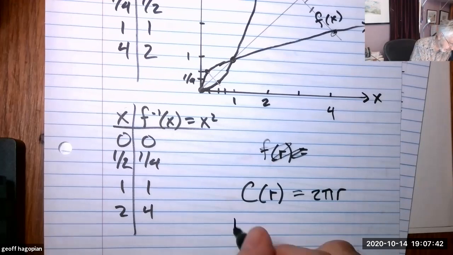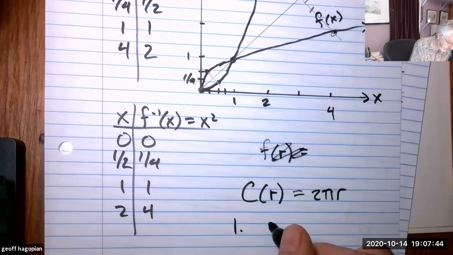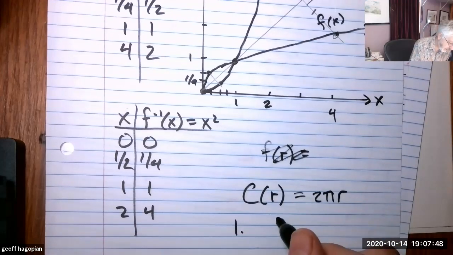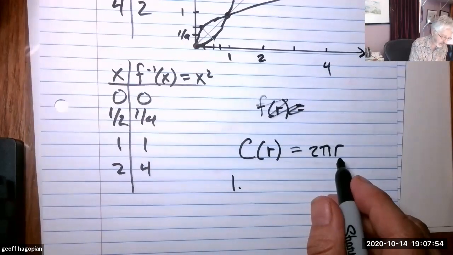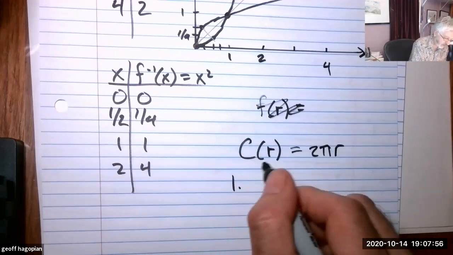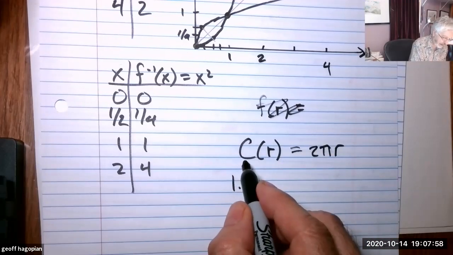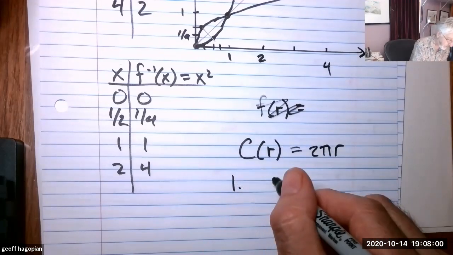So step 1 is to write, shall we? So we're used to x and y, right? And so now we have c and r instead. Is that okay? So I'm not going to write the function notation, and I'm going to use the output variable as just c.